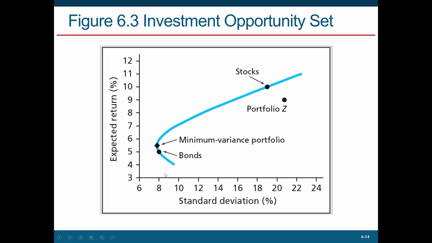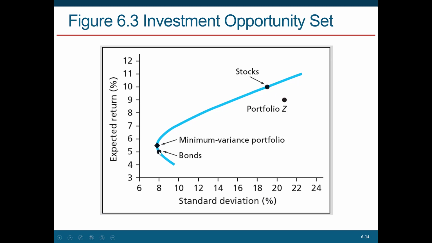Let's say your desired risk level is 8%. So you have two choices available. One is a portfolio here on the lower part of the curve, and then directly above that is another portfolio on the upper part of the curve. And obviously the one on the upper part of the curve is better.